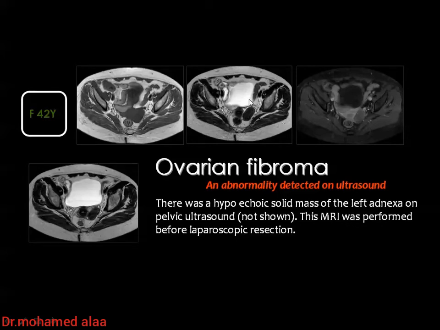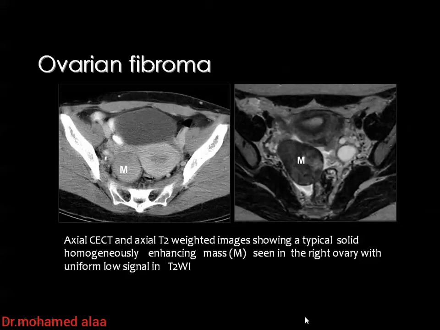The fluid in the bladder is bright, and after contrast enhancement, you can see faint contrast enhancement compared to the pre-contrast imaging. And this is an ovarian fibroma by CT, and it's a solid lesion which may contain calcium. On MRI, T2 weighted image, the endometrium is bright, the lesion will appear dark.